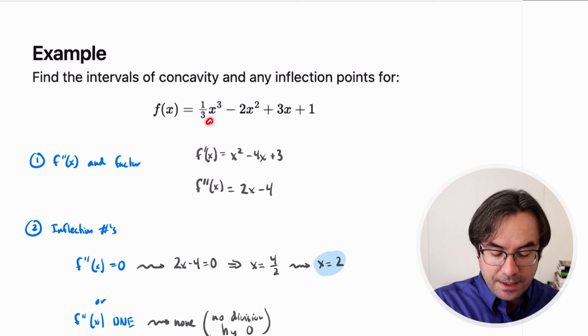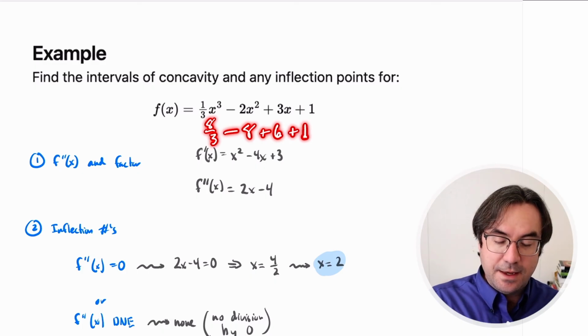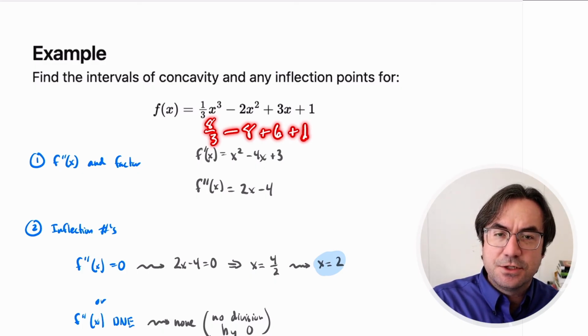When we do that, we get 8 over 3 minus 8 plus 6 plus 1, which simplifies to 5 over 3.